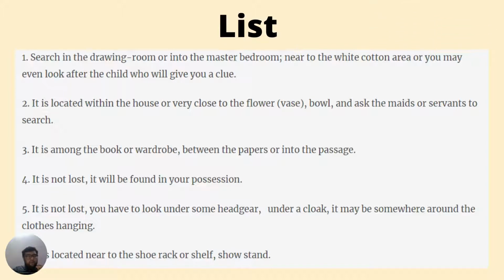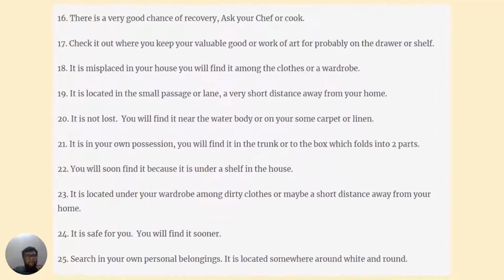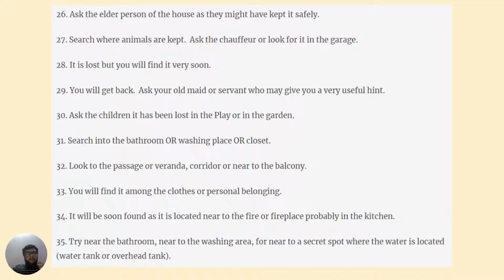pause the video and look that number in this list. And there is one more thing, that you can also optimize, or you can interpret it in your present circumstances, like look to the passage or the corridor or near to the balcony.